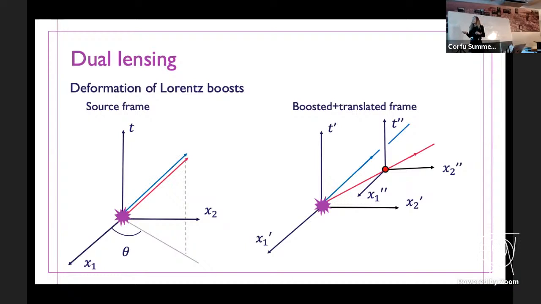So this kind of description of dual lensing that we find in literature is not suitable for detectors that are made of point-like satellites.